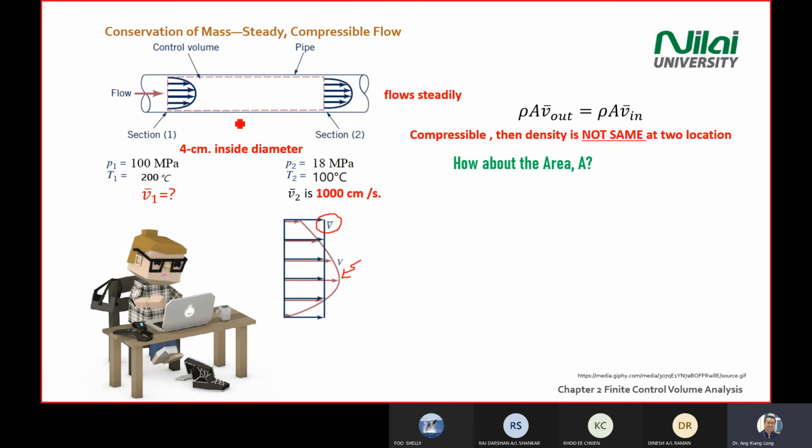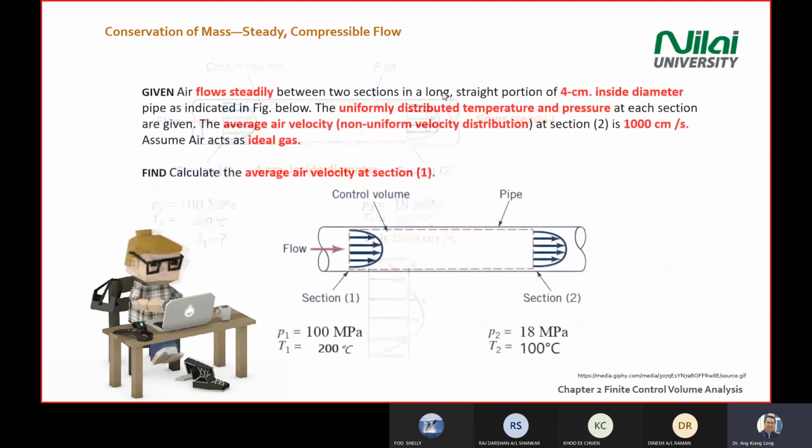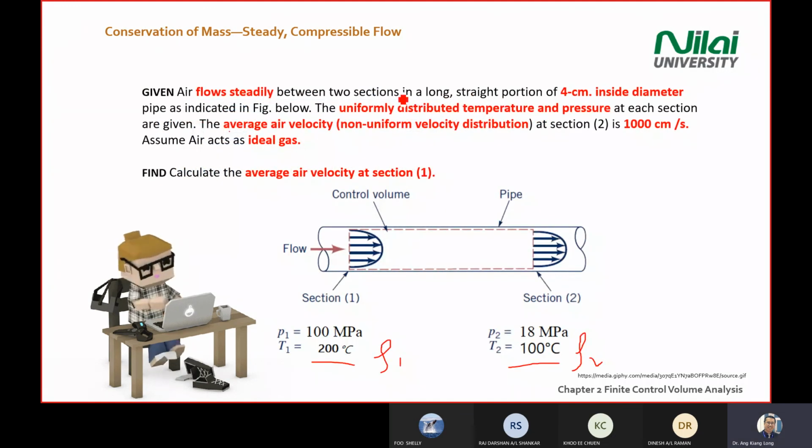Area is the same. Why? We can know that it is the same because in the question there's a highlight, a catchy word, or a keyword there. When you see a long straight pipe, long and straight means you have the same cross-section area for the pipe. And you are given the size of the diameter.